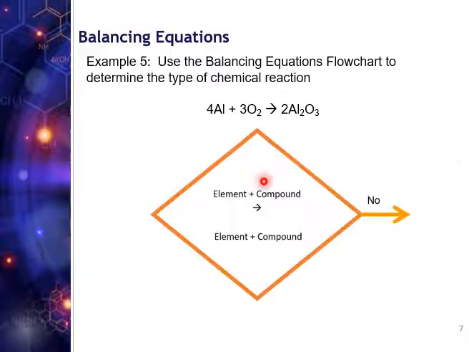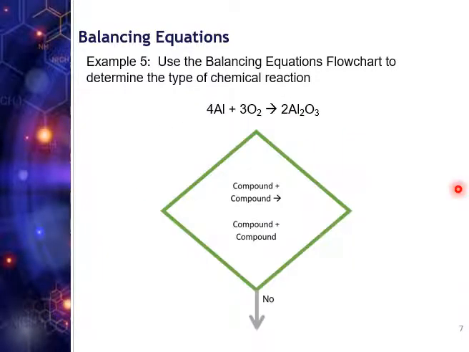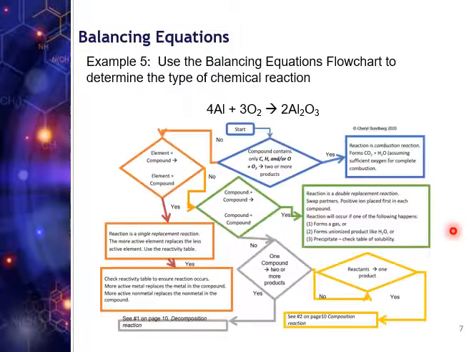Do we have an element plus a compound yields an element plus a compound? No, there is no plus sign on the right side of the equation. We're at this point in the table. Do we have a compound plus a compound yields a compound plus a compound? No, there is no plus sign on the right side of the equation.